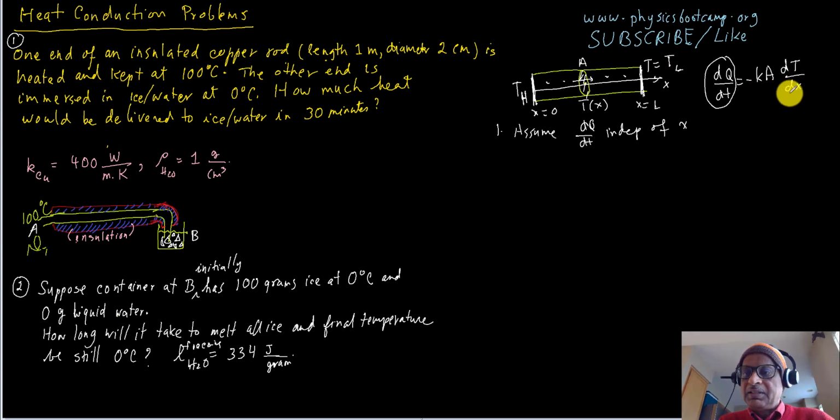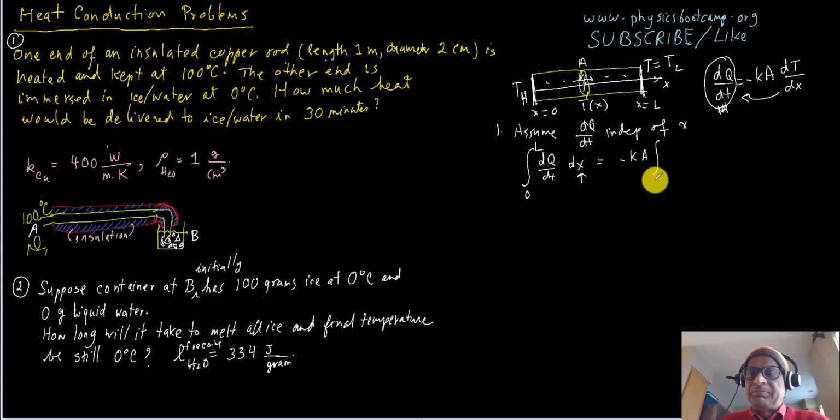Then you can see that I can bring dx to the other side, and we'll have dq/dt dx, and integrate from 0 to L, because x is the integration variable, and the other side is minus kA, assuming these are all the same, times dT, which goes from TH at 0 to TL at L.